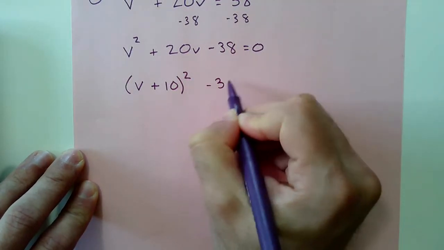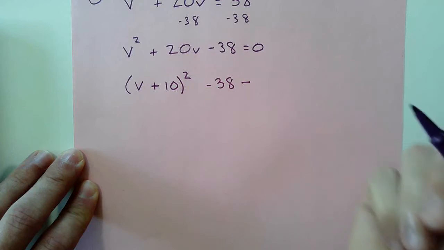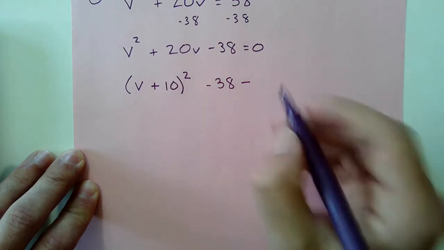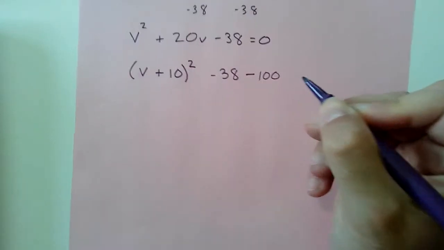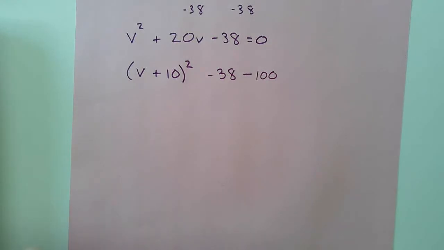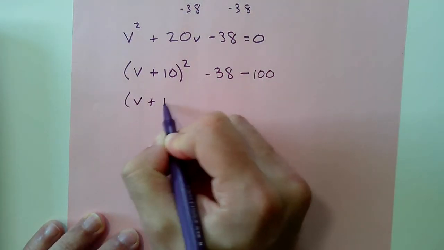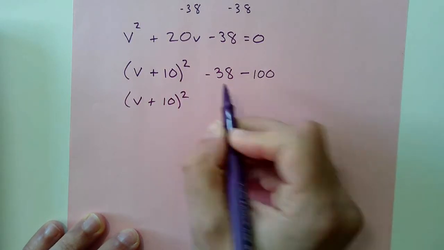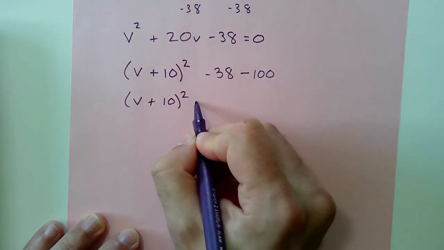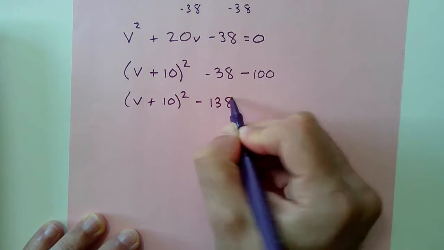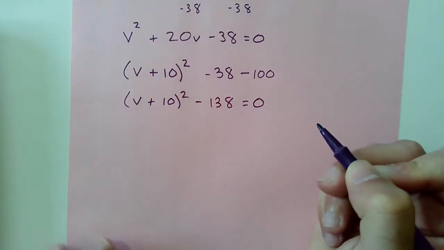Kick my negative 38 to the back, and then at the end subtract whatever 10 squared is, which is 100. All right, so when I go ahead and do that, I have v plus 10 squared, and then negative 38 minus 100 is negative 138 equals 0.